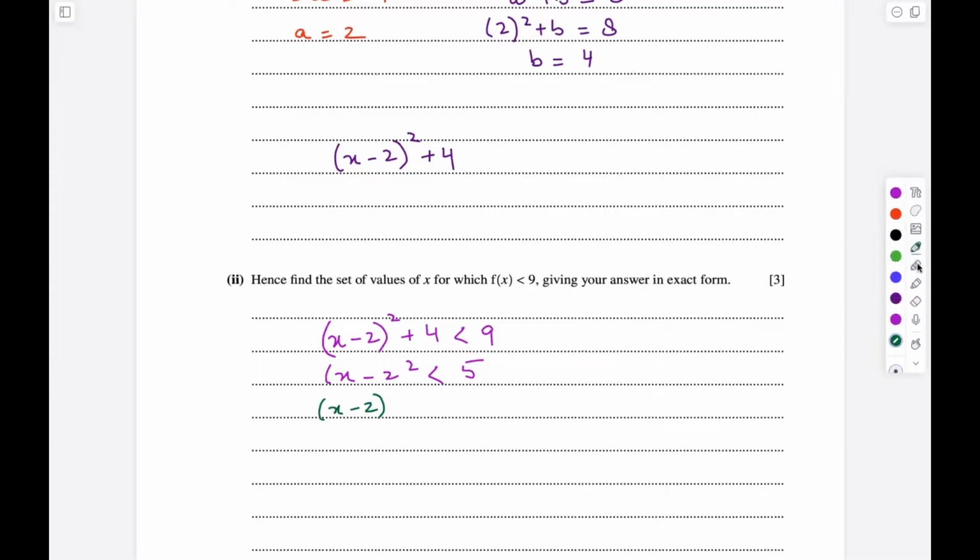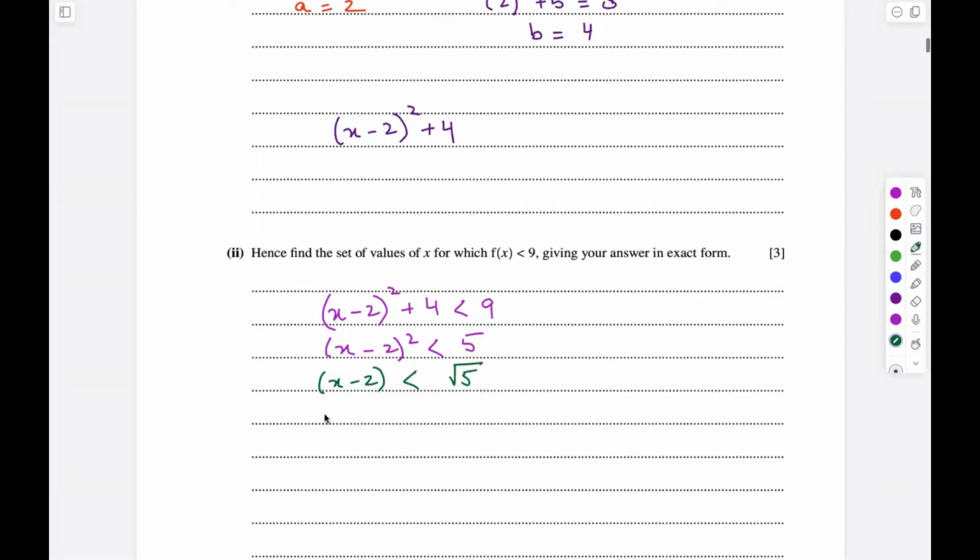So we can write this as x minus 2 is less than the square root of 5. Now, with the square root, we get a plus and minus. So we can write x minus 2 is less than plus or minus root 5.